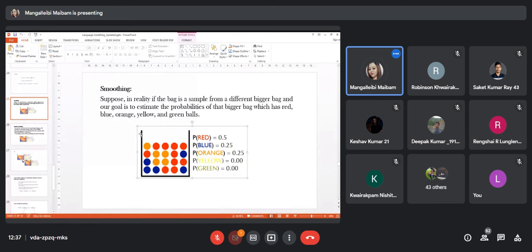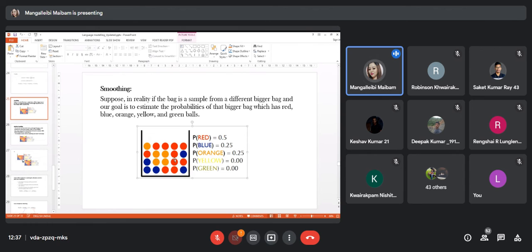For this example, if I think that there may be yellow color and green color balls from this bag, then in order to get a non-zero probability, we need to perform add-one smoothing. We need to perform add-one smoothing.